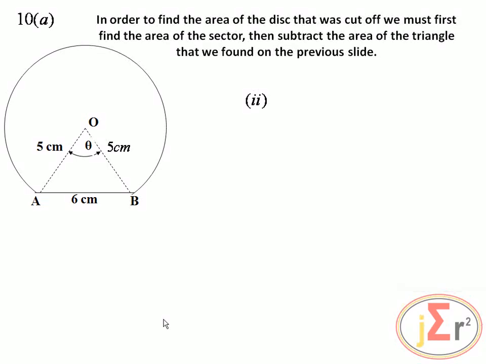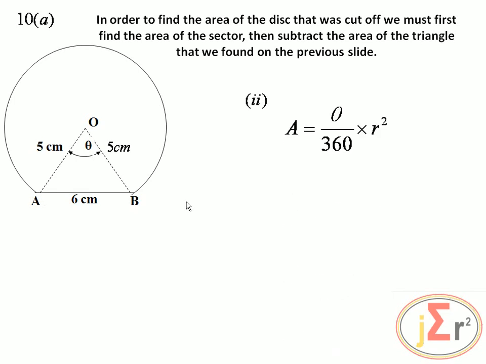Next, we are required to find the area of the disk that was cut off. In order to find that area, we need to find the area of the sector associated and subtract the area of the triangle that we have just found. So let us go straight ahead and find the area of the sector of the circle.